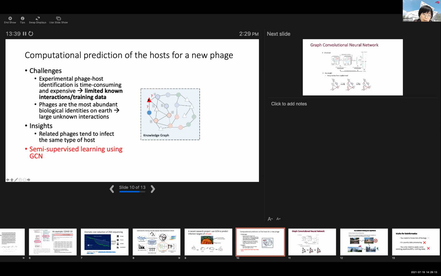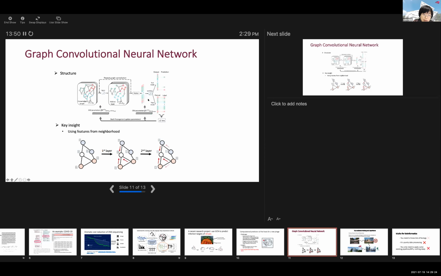Basically, my question is, can you tell me how likely these two entities will interact with each other? This is a very typical binary classification problem. If you're interested in more, you can Google our recent publication.